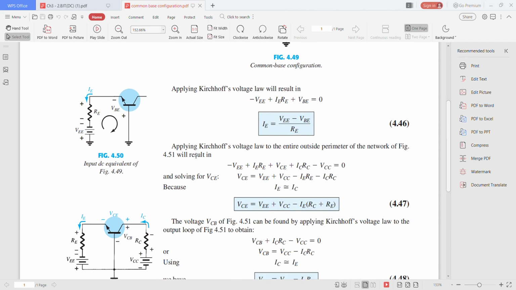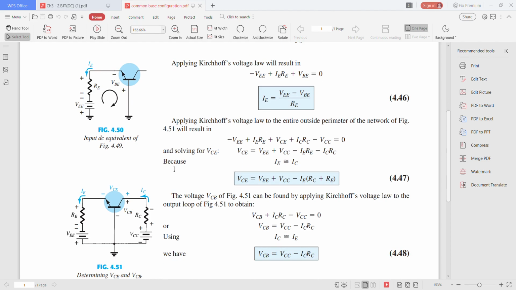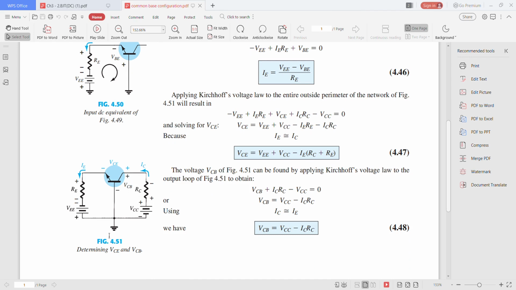Applying Kirchhoff voltage law to the entire outside perimeter of the network, as you can see in figure 4.51, KVL will be applied to the output loop. The resulting equation will be minus VEE plus IERE plus VCE plus ICRC minus VCC equals 0.